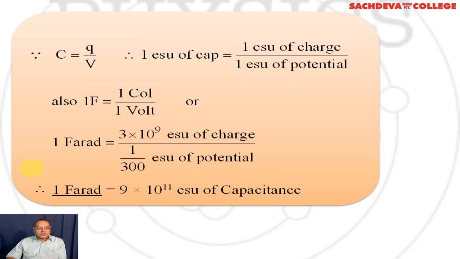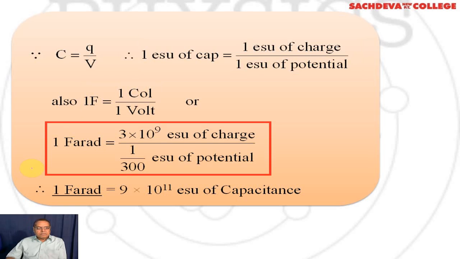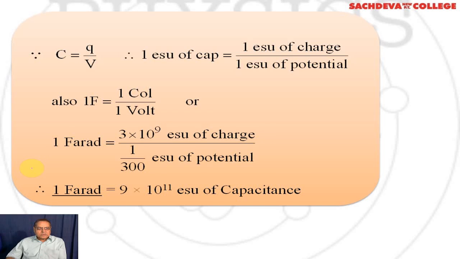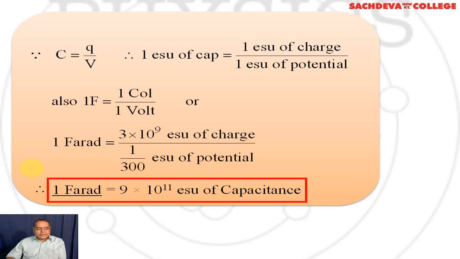Farad is the MKS unit or SI unit. 1 farad will be equal to 3 into 10 to the power 9 electrostatic units of charge. That is the value of 1 coulomb. And 1 volt is 1 over 300 electrostatic units of potential. So after all calculations, it comes to be that 1 farad is 9 into 10 to the power 11 electrostatic units of capacitance.